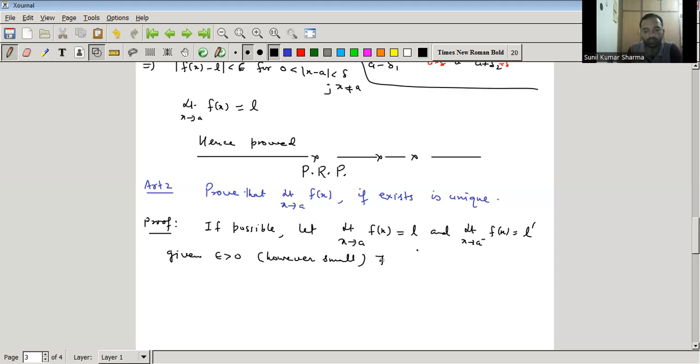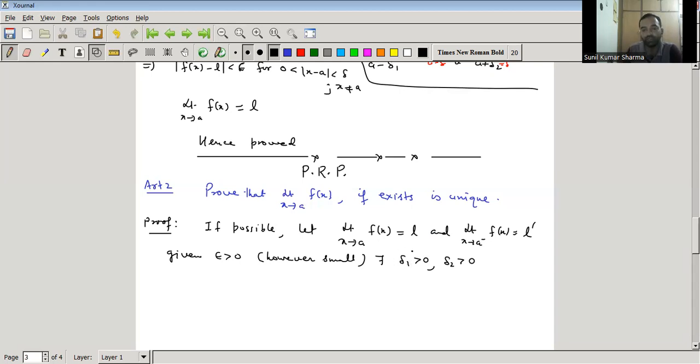there exist delta 1 greater than 0 and delta 2 greater than 0. Why delta 1, delta 2? Because the function has two limits. The same delta may work, or maybe it is different, right?